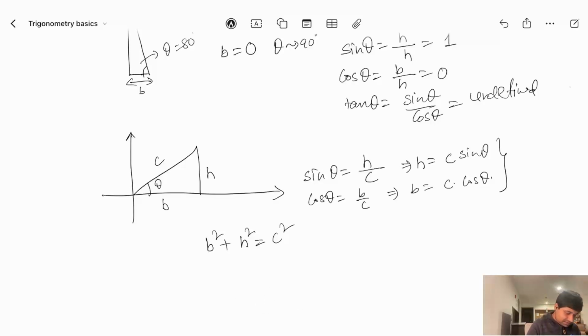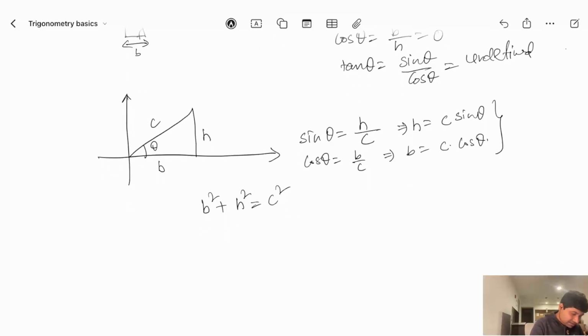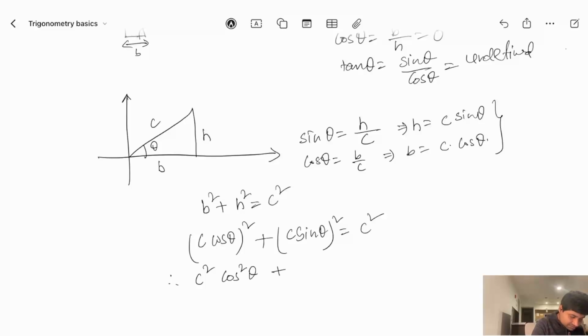So I can replace base and height with these values. Base is c cos theta whole square, and height is c sine theta whole square, which equals c square. So it's c square cos square theta plus c square sine square theta.